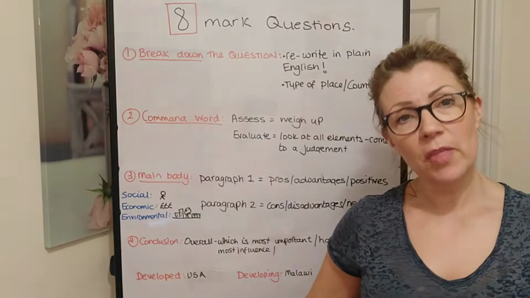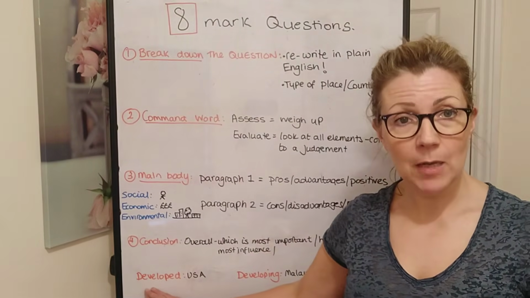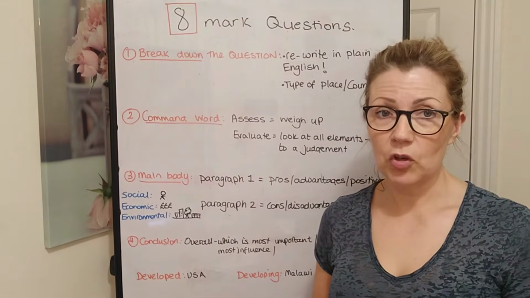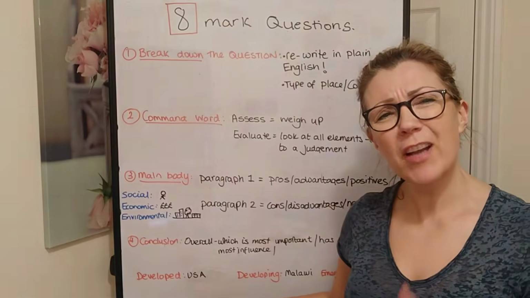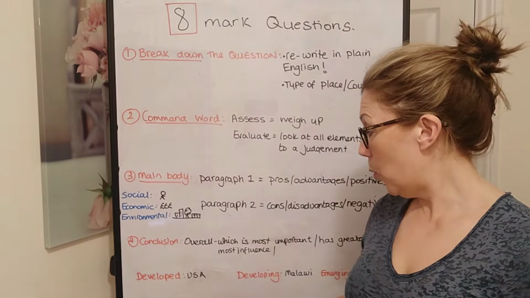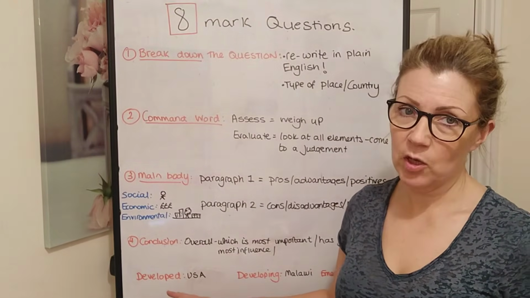So let's just run through what types of countries you could be asked about. If you're asked about a developed country, then in Unit 1 we've looked at America, the USA. Try not to talk about the UK, because it's world geography, remember. Some of you might have looked at Japan, but I think most of the case studies are going to be for the USA.